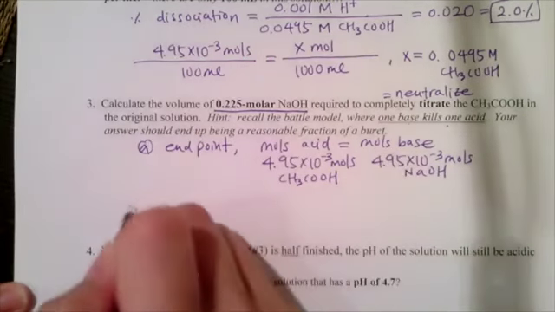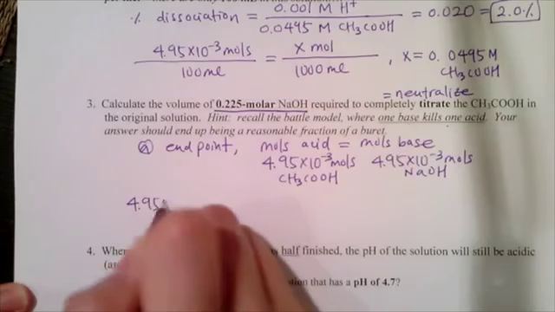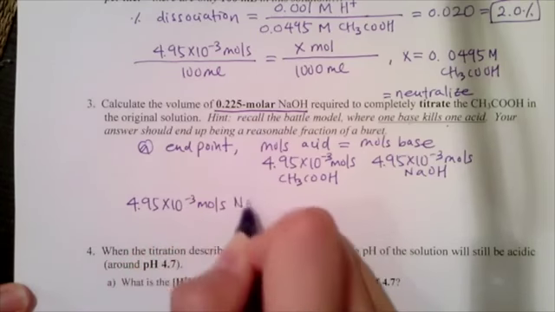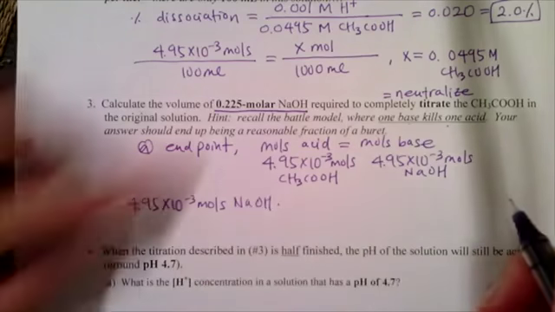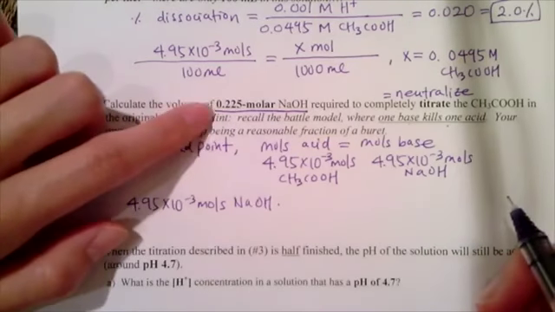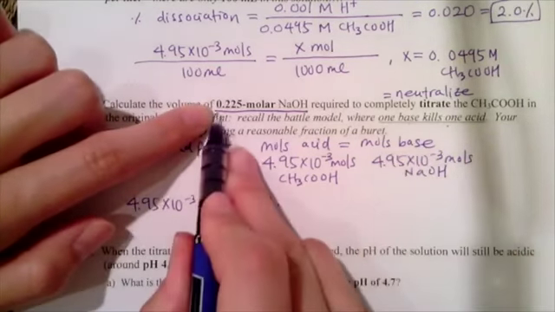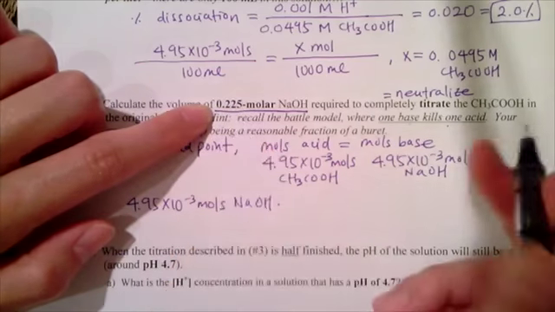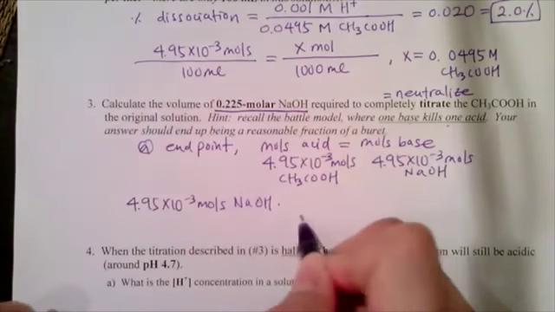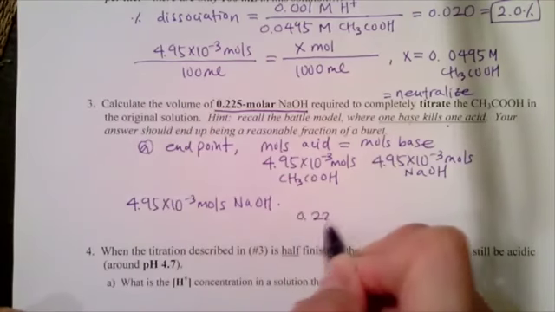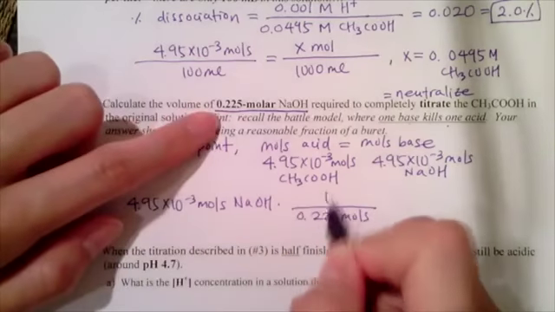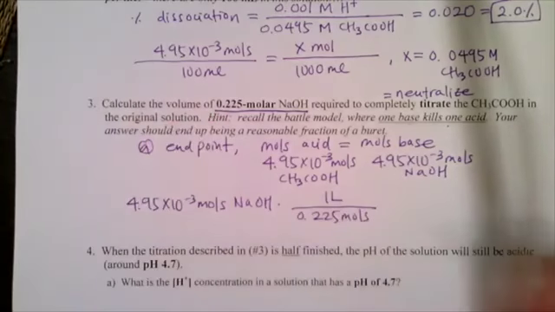So let's start with a known number, 4.95 times 10 to the negative 3 moles of sodium hydroxide. And now this is a conversion factor. This means that there are 0.225 moles of sodium hydroxide contained per liter of solution. So I'm going to put moles on the bottom, 0.225 moles of sodium hydroxide contained per 1 liter of solution.